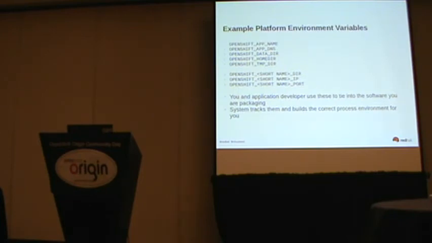Then there are gear level environment variables that go into the .env directory at the gear home. Then there are environment variables that go into the cartridge directory env that I showed you on the first slide. You don't need to worry about that. That all gets compiled up, and when your scripts are run, you get that unique environment for that cartridge, owned in the proper SELinux context so that you can't go play games with anybody else.